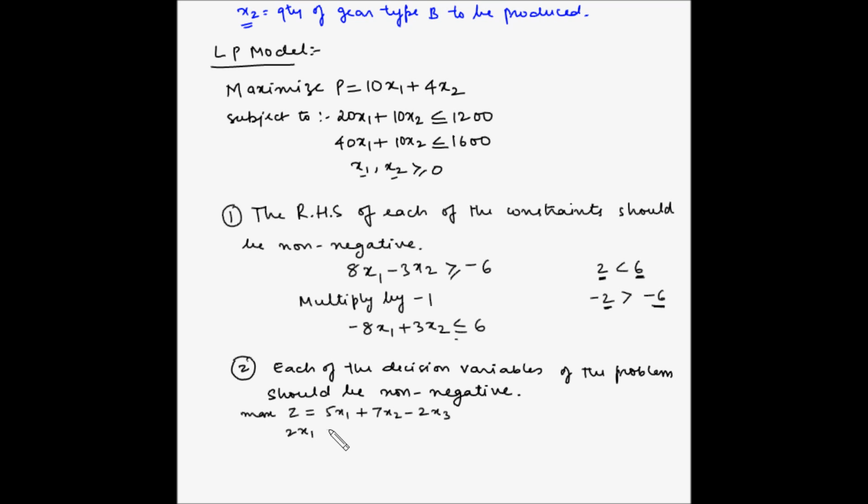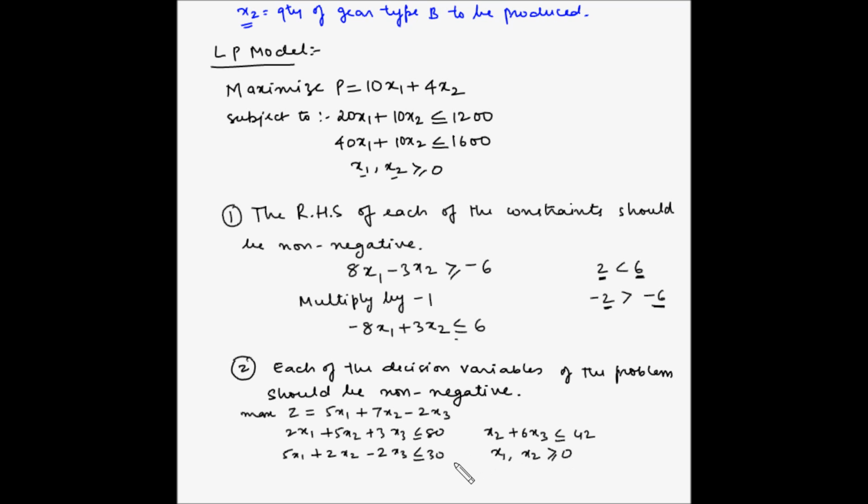2x1 plus 5x2 plus 3x3 is less than or equal to 80, 5x1 plus 2x2 minus 2x3 is less than or equal to 30, x2 plus 6x3 is less than or equal to 42, and x1, x2 is greater than or equal to 0.